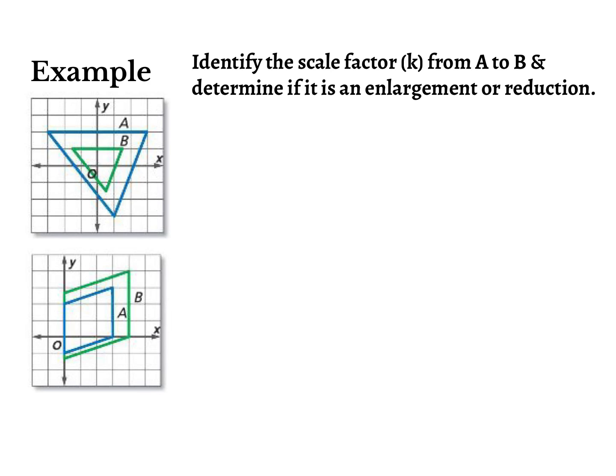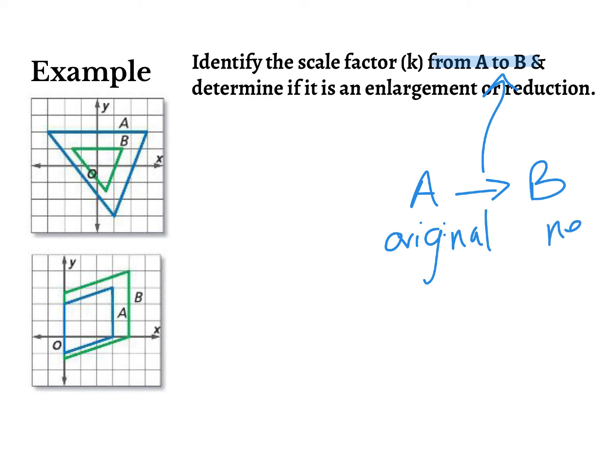Here we have an example or two that talks about how to find the scale factor. There are two scenarios. We want to figure out the scale factor from A to B. A is where you start, and B is where you end. So you're going from A to B. This is the original one, and this is the new one.